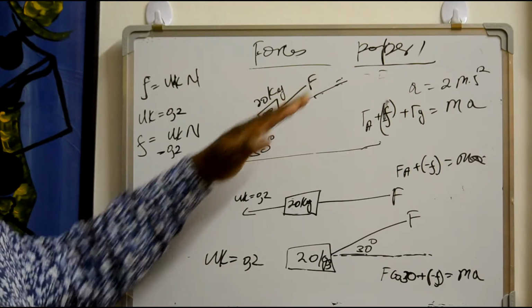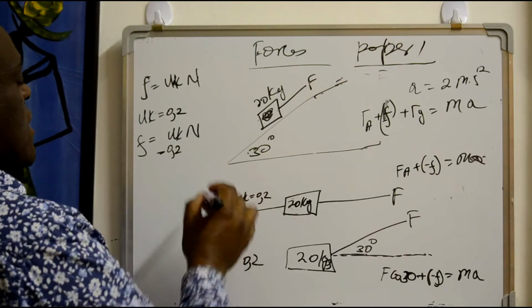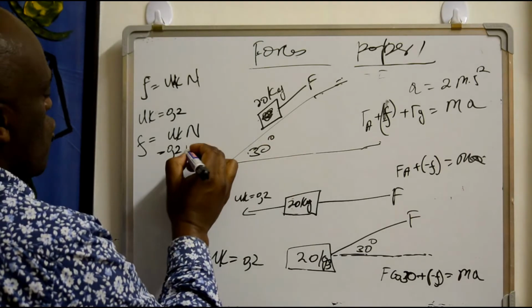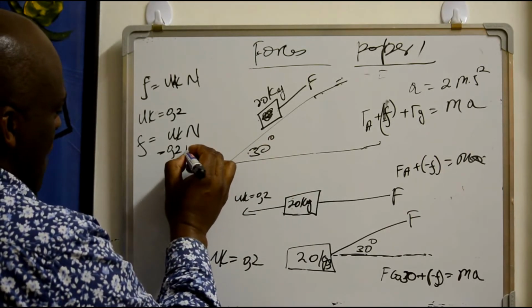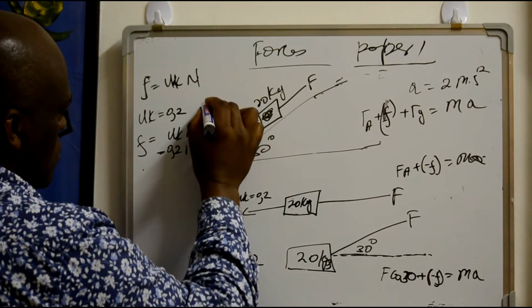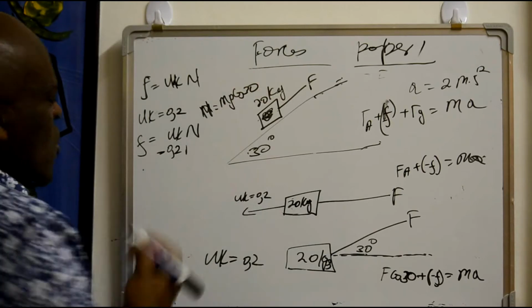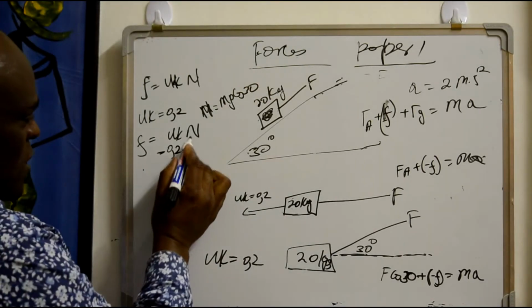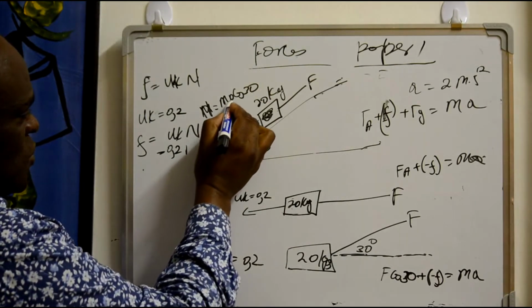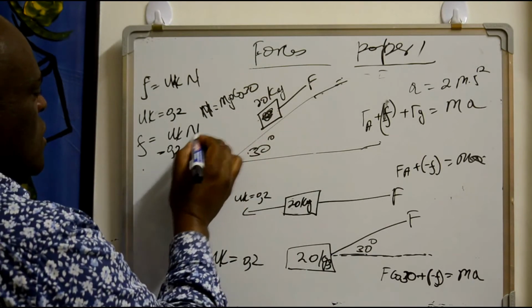If an object is moving on an incline, your normal is mg cos 30 degrees. That's what I want to explain. Your normal now is mg cos 30.